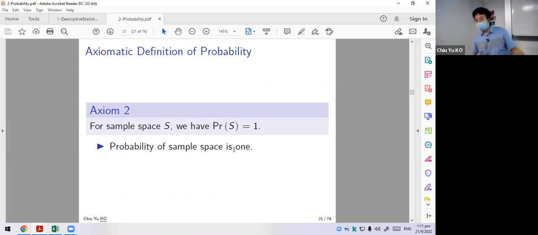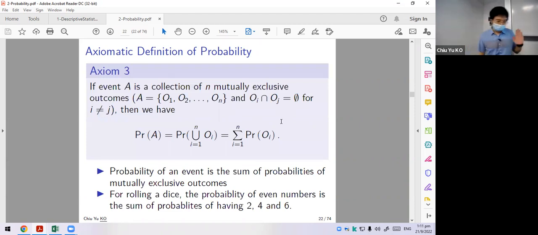Now we come to the last one, so we only have 3 restrictions. This last restriction is the most important one, and it relies on our idea we call partition. That's why we learned so many things about union, complement, intersection, mutually exclusive, exhaustive, and partition, because this is what we are doing now.